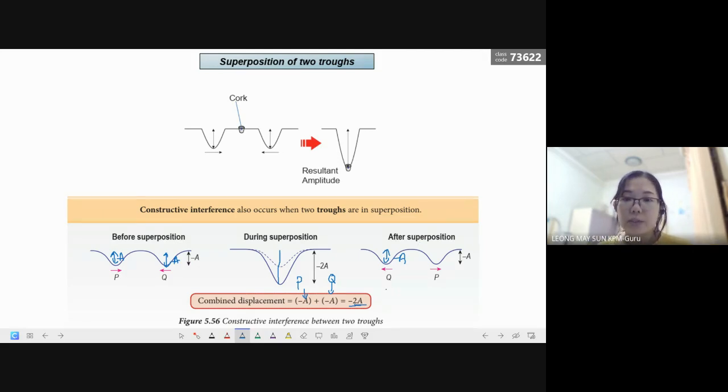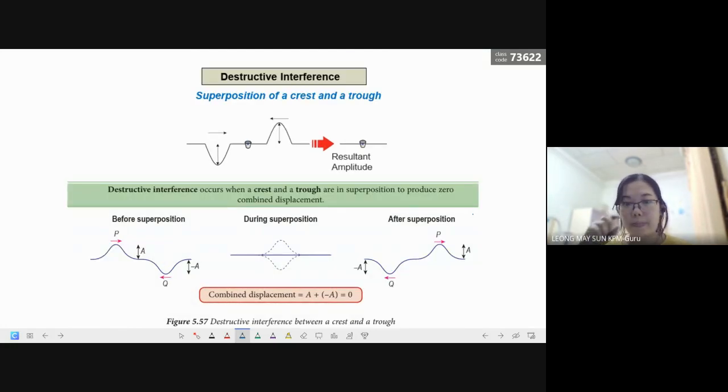Okay, let's go to the next slide. I hope you guys are okay. Destructive interference means it will become zero. Destructive interference is when a crest and a trough are in superposition to produce zero combined displacement.